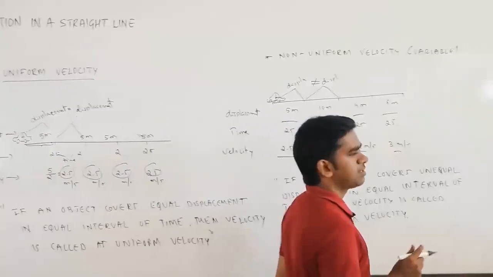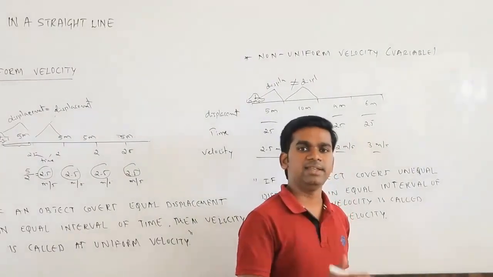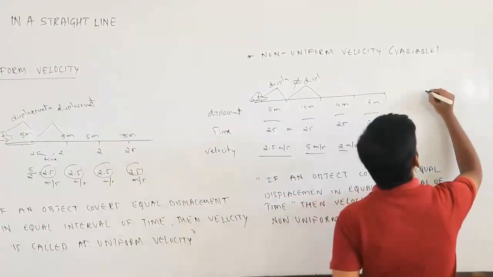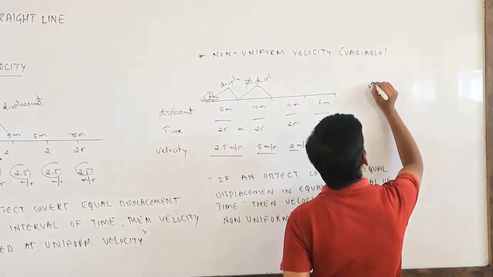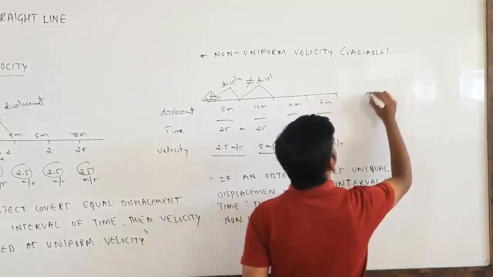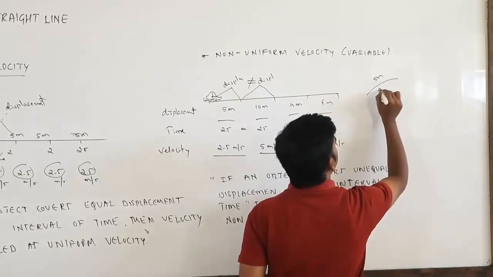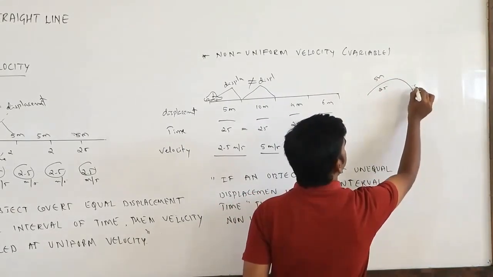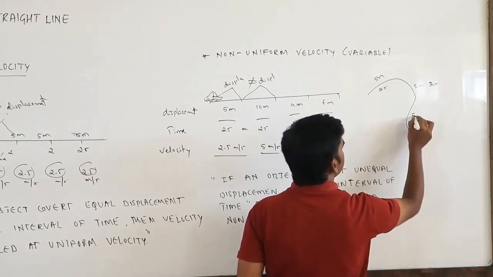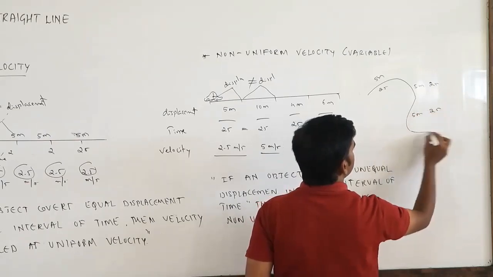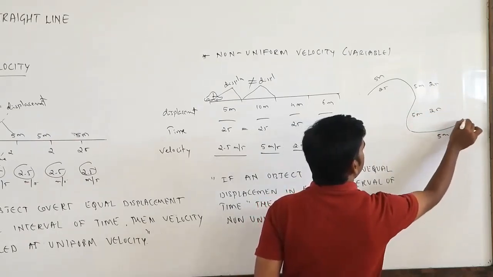If object is changing its direction continuously, see here, it will cover the same distance in same time. So 5 meter in 2 seconds, 5 meter in 2 seconds, 5 meter in 2 seconds, 5 meter in 2 seconds.